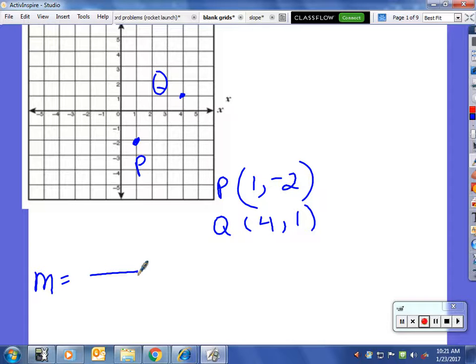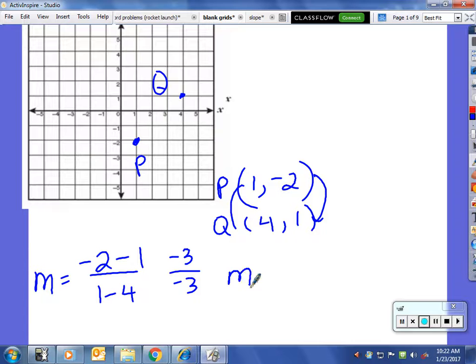What could I put on top? 1 minus -2 or -2 minus 1. It doesn't matter, but you got to subtract the y values on top. Since I did -2 minus 1 on top, I'm going to have to do 1 minus 4 on bottom. I'm getting -3 over -3. So what is that slope? 1.